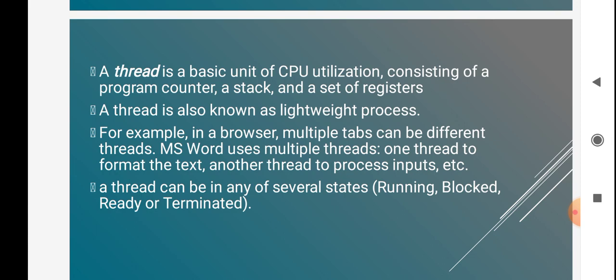I told you a thread is a basic unit of CPU utilization, or you can say a thread is a part of a process. Like our process, it also consists of a program counter, stack, and registers. Clear?